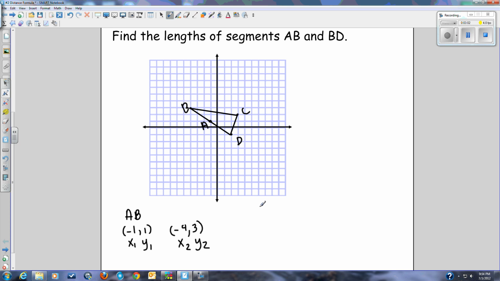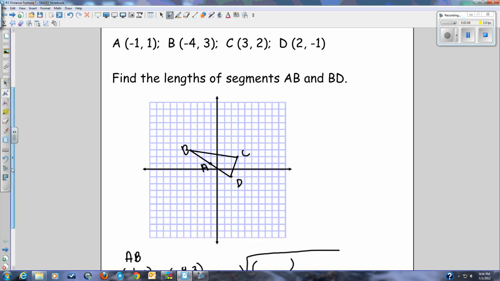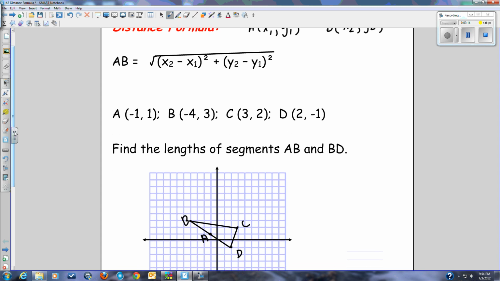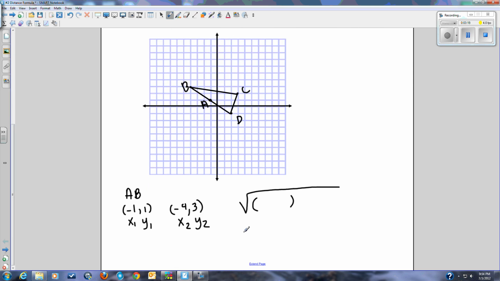And I'm going to write out the distance formula here. So this is the same formula that I had up above. So I'm going to write out x2 minus x1 squared plus y2 minus y1 squared.